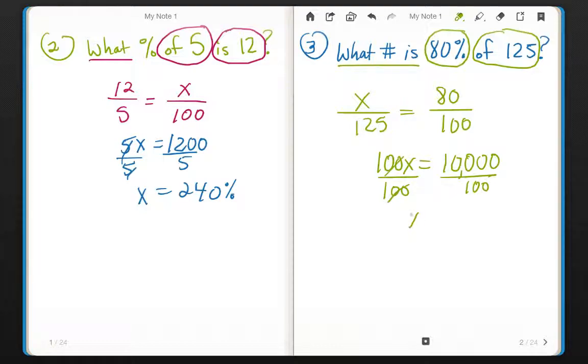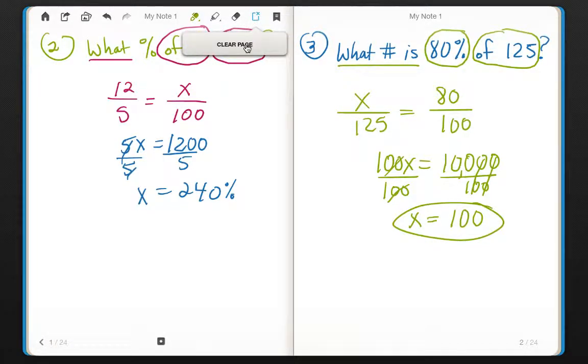Yeah, but show me that you're dividing by 100, and then you could cross out these zeros. So what's the is? 100. So 100 is 80% of 125. Does that make sense? Yeah, if you think about it, that makes sense.